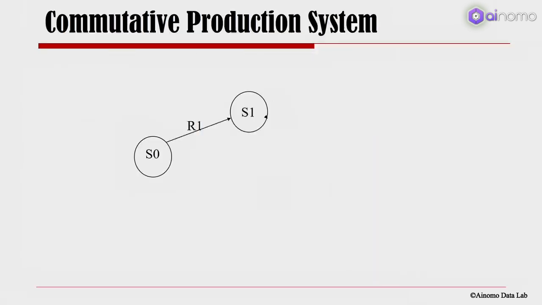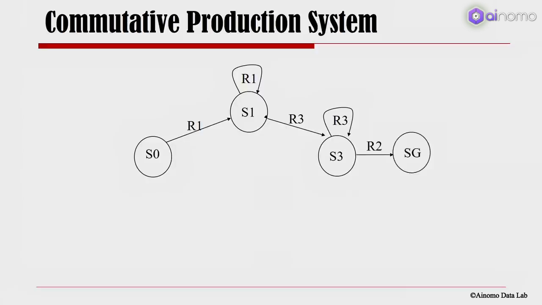So here I have S0 to S1. I can still apply rules to S1. Then I can apply some rule and reach S3. And then I can still apply R3 onto S3. And by application of R2 I can reach SG. Now here I have arrived from S0 to SG using R1, R3 and R2.